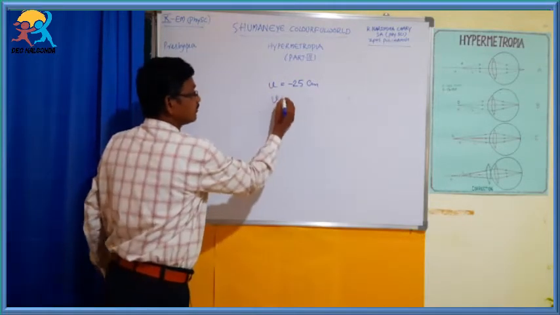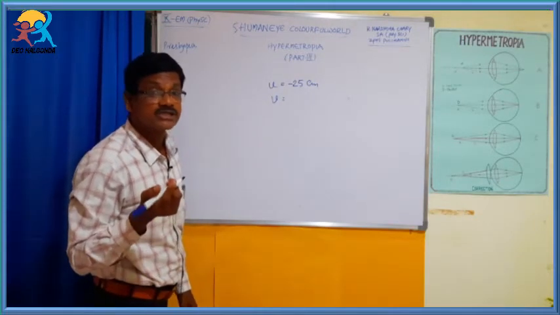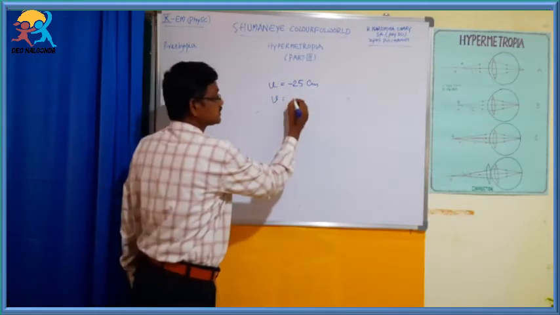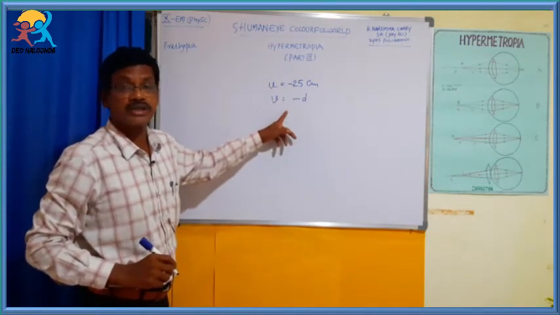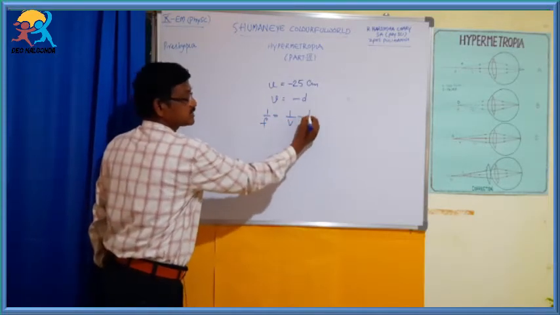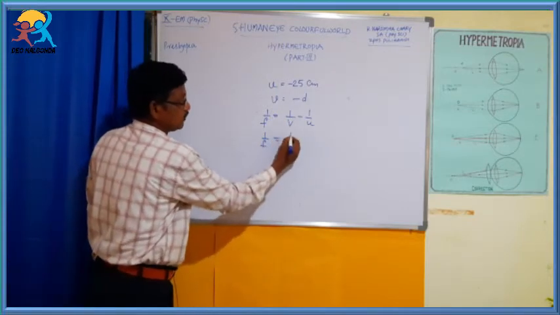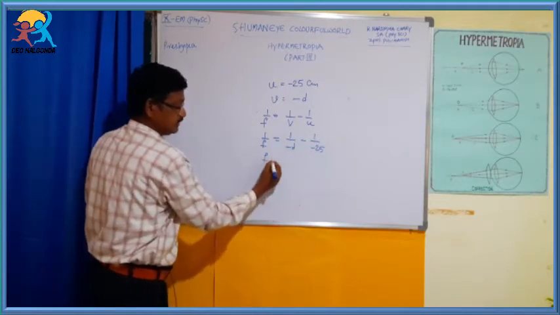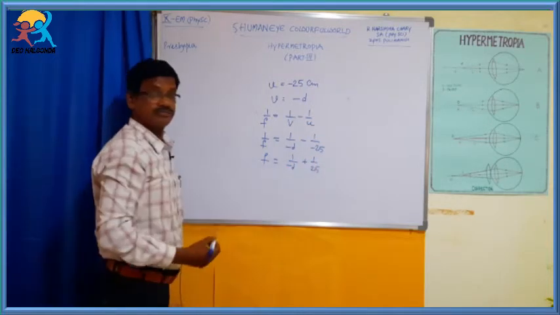Again, v, we know that v is the image distance. Image distance is not known in advance, therefore we take it as minus d. Taking these two values in the lens formula, 1 by f is equal to 1 by v minus 1 by u, 1 by f equals 1 by minus d minus 1 by minus 25, which gives 1 by minus d plus 1 by 25.